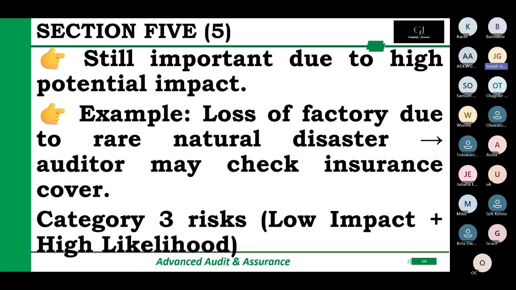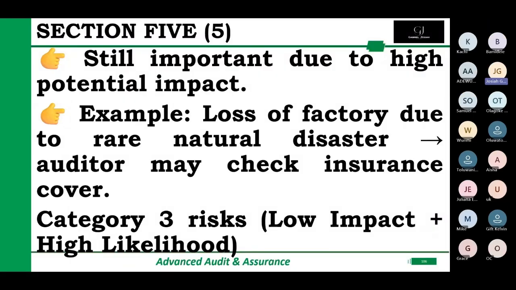The auditor may check insurance cover and other risk management mitigants in place that could have averted that disaster. So that's a medium risk, and category 2 would put not a high, critical attention to it, but a medium attention.